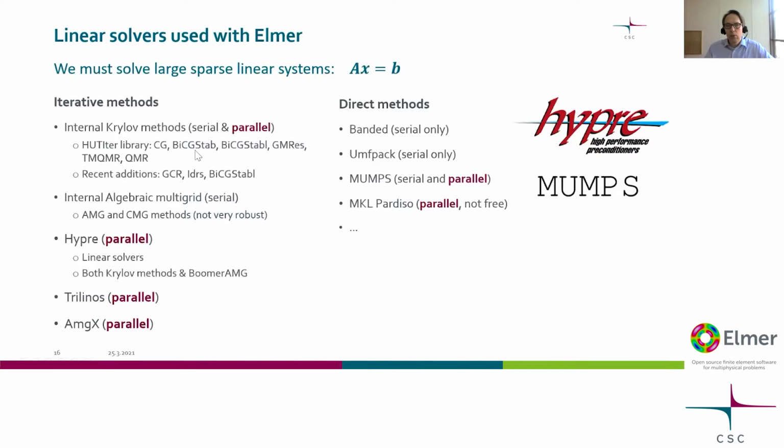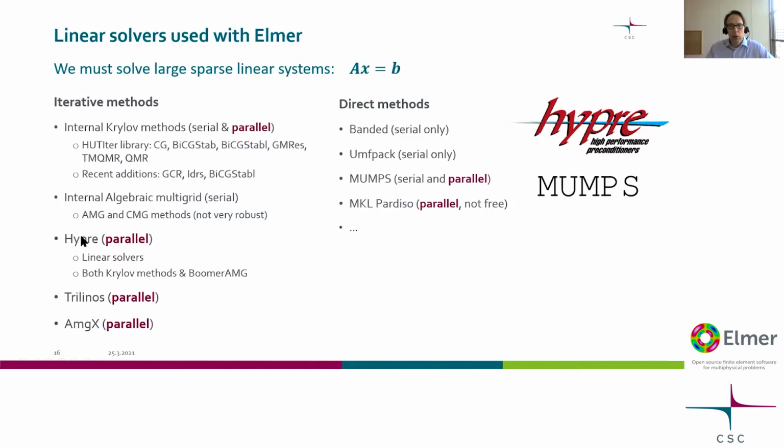Together, these form the backbone of the standard Elmer iterative solution. We have some multigrid methods which are not terribly robust. A multigrid method is a set of recipes, and this does not include all the best recipes. So it's a rather basic implementation. But you have external iterative libraries where you have much better recipes.